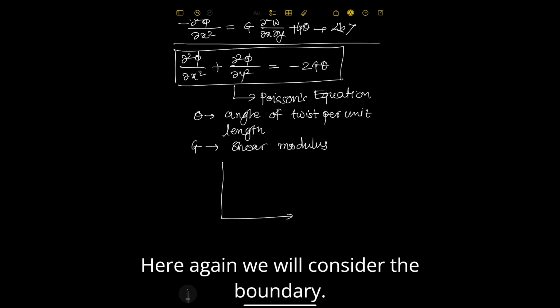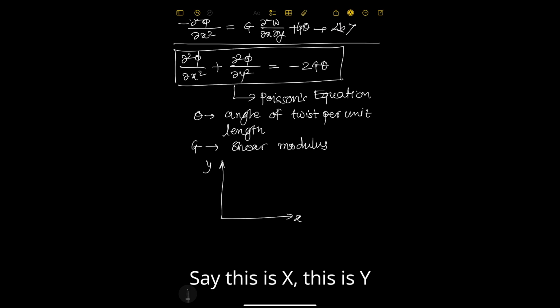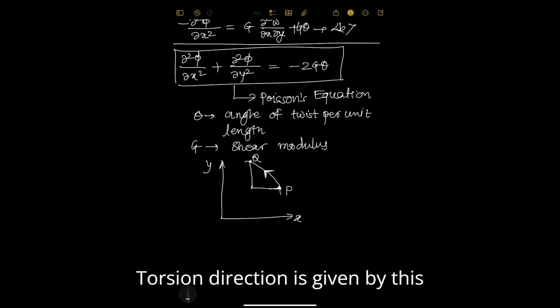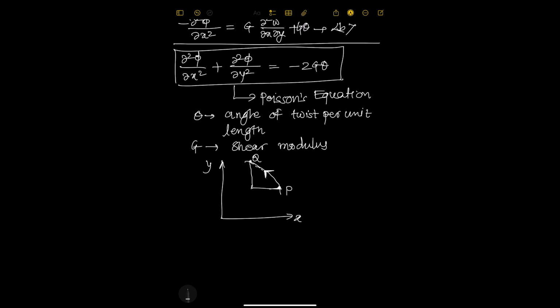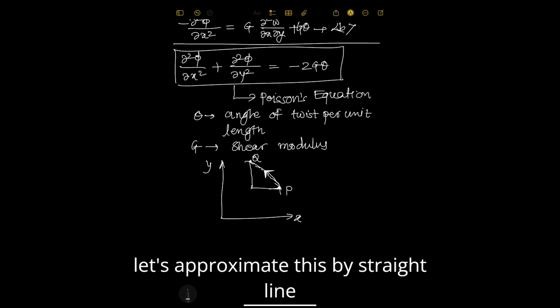Here again we'll consider the boundary. Say this is x, this is y, and this is the boundary, and this is your point P, and this is your point Q. So for point P to Q, the torsion direction is given by this arrow, and let's approximate this by a straight line.